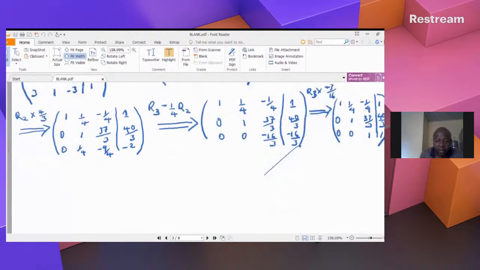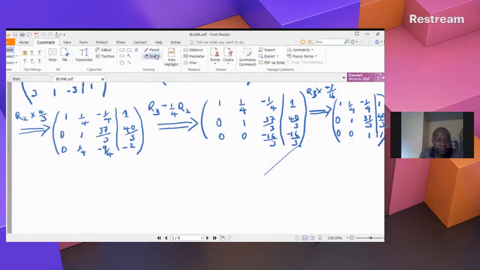Now, we had already said that our augmented matrix has been reduced to echelon form. So we are about to solve. Let me write what this matrix means. This matrix means that 1x plus a quarter y minus a quarter z gives us 1.